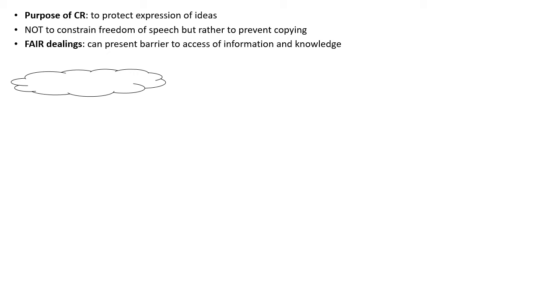So if a copyrighted work is used for research or private study, for criticizing or reviewing that work, or to report on current events, it will constitute the defense of fair dealings and will not be a criminal infringement of copyright.